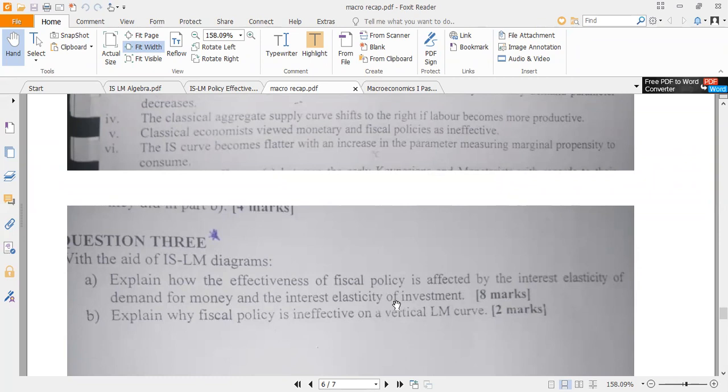Vertical. It is vertical when it doesn't depend on it at all. Yeah, that's what I'm saying. When it is highly insensitive, it doesn't respond to the interest rate. And let's use perfectly. Okay. If it's perfectly interest inelastic, that is the B part. If the money demand is perfectly interest inelastic, it makes the LM curve vertical.